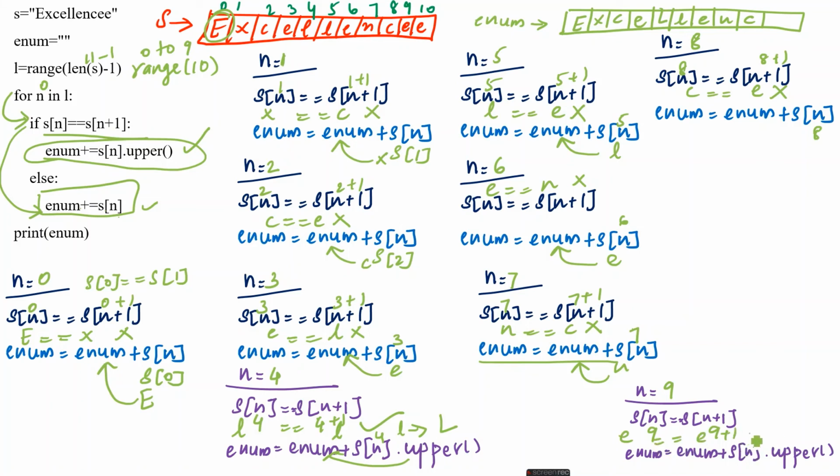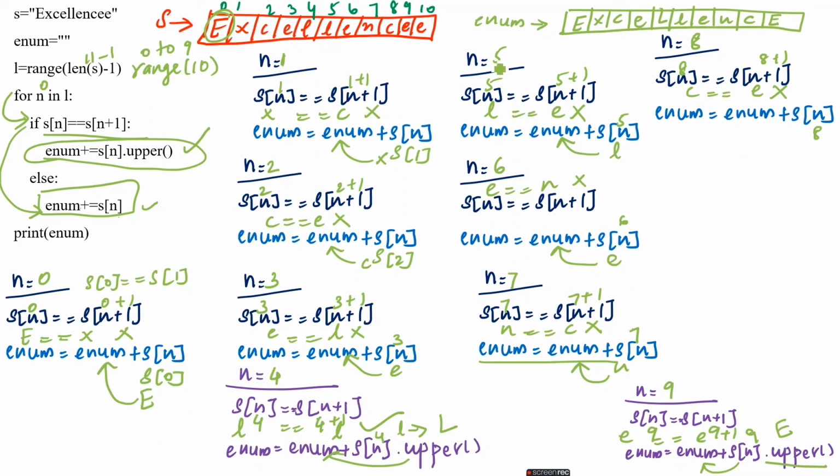So we have to concatenate s of 9 to enum, but first we have to convert it into uppercase letter. So small letter e is converted to capital letter E and it will be concatenated to enum. So capital E is concatenated.